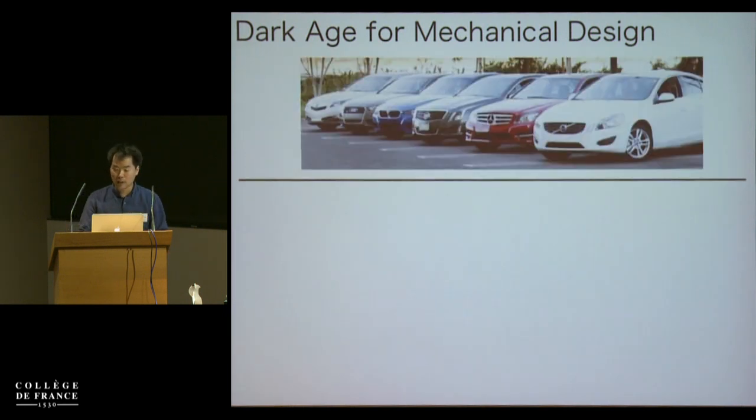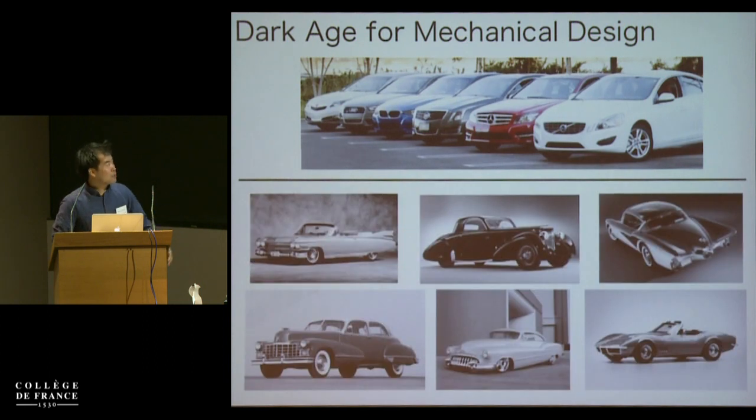Same as the car. This is a new sedan lineup from last year. As you see, there are six different companies making almost identical cars. It's hard to differentiate. But in the early development of the car, there were a lot of nicer, much more expressive designs.